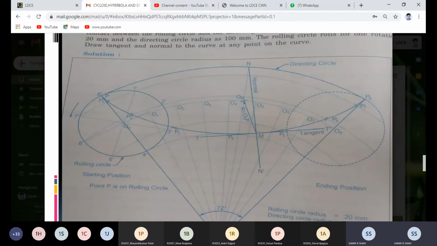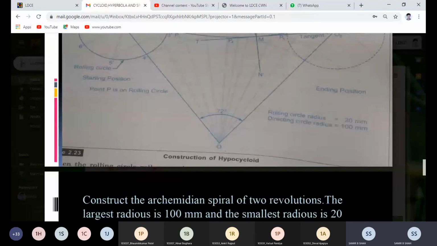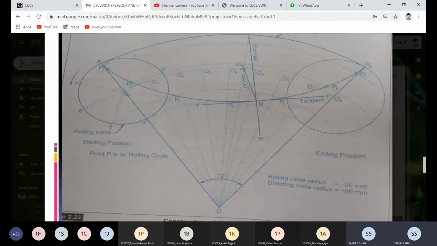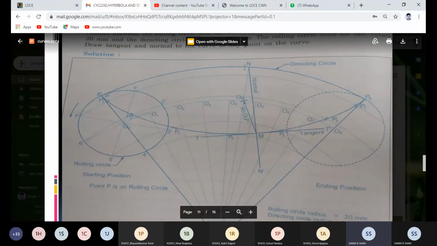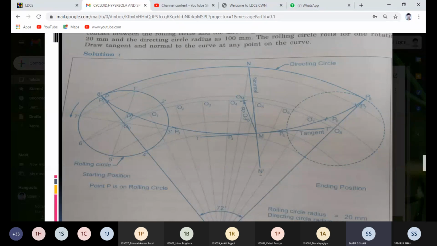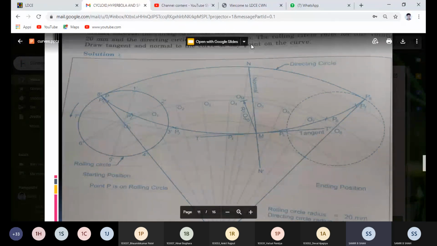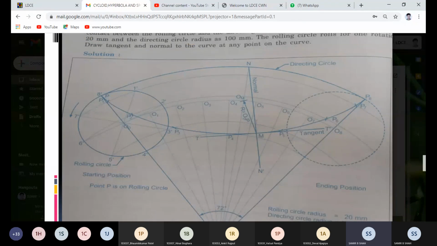Now as we followed in the cycloid and epicycloid, we just draw an arc of the 20 mm rolling circle, and that may contact with the O line. Draw the O line, it will join that arc, and it may extend up to the directing circle. Now it is your N. Join NM, it may be extended up to N dash. So NN dash is your normal, and TT dash, which is perpendicular to NN dash, is our tangent.